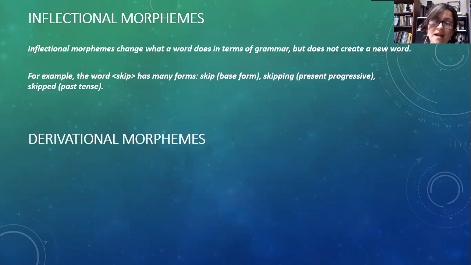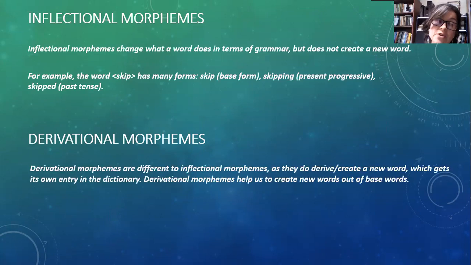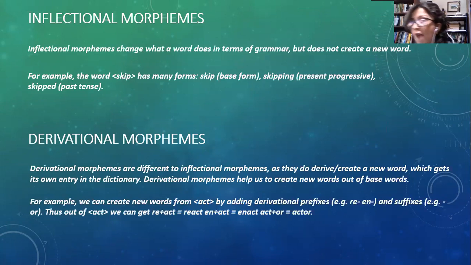Derivational morphemes are the opposite of inflectional morphemes because derivational morphemes do create a new word, which gets its own entry in the dictionary. Derivational morphemes help us to create new words out of base words. Here we have an example.